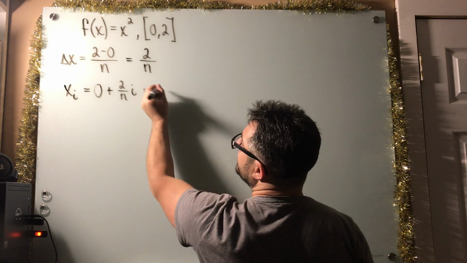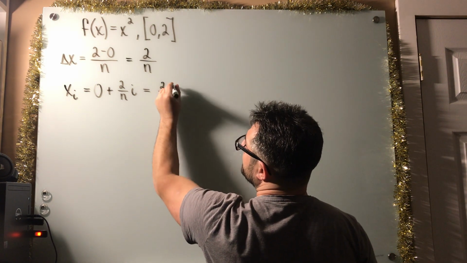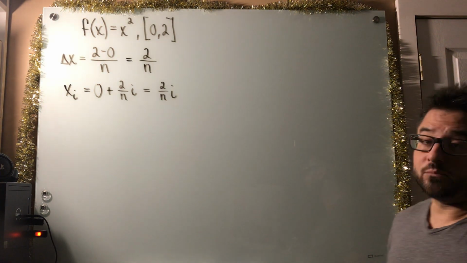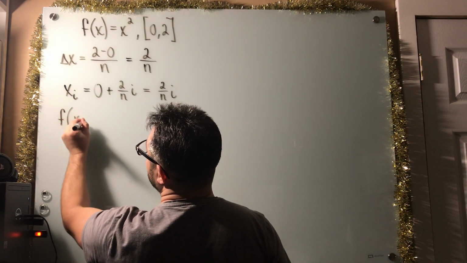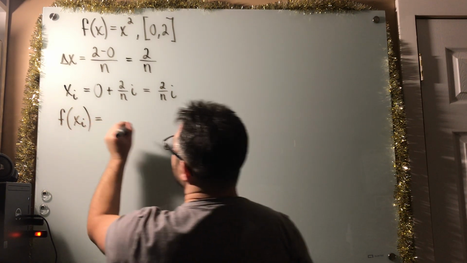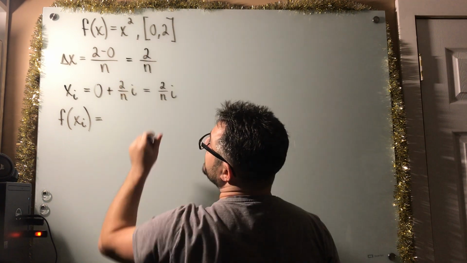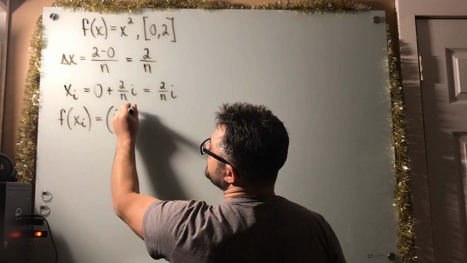The 0, of course, since we're adding 0, that does nothing, so it drops off and we get 2 over n times i. One more step, f of x sub i, where we take the expression for x sub i and use it as the input expression to the function.